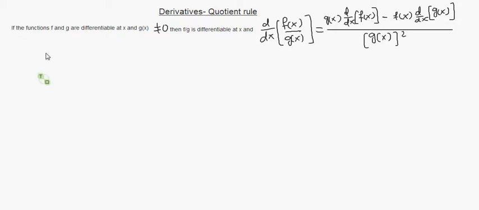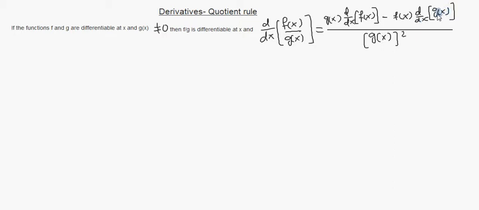The quotient rule states if the functions f and g are differentiable at x and g of x is not equal to 0, then the function f divided by the function g is also differentiable at x, and the derivative of the function f of x divided by g of x is equal to the function g of x times the derivative of the function f of x minus f of x times the derivative of the function g of x.